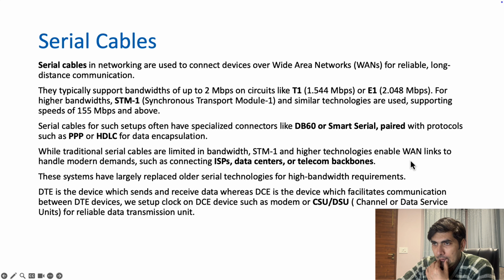Okay, so it was the time of 2007 until 2010. Yeah. So in the training centers or in the environments, when I did my CCNA, what the instructor used to do, he used to connect two routers using this crossover serial cable.